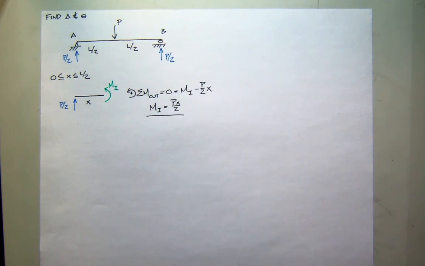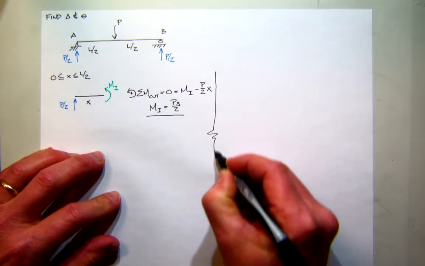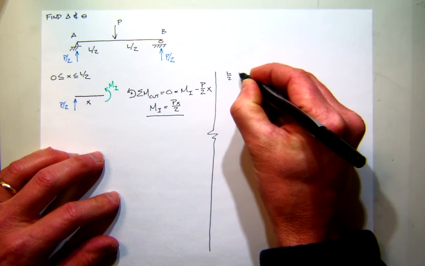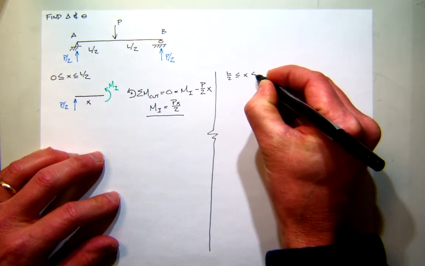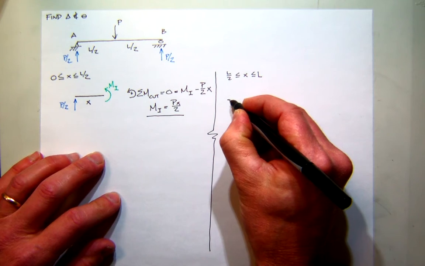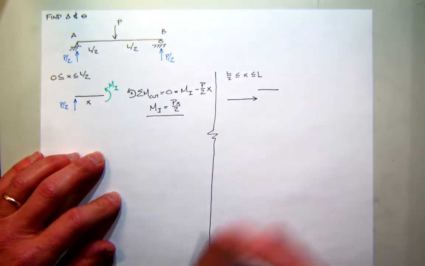So now we do the second interval. Let's try this. I'm going to split the page in half, and I'll come over here and we'll do L over 2 to L. So in this case, I'm going to go over a certain distance x, and then I'll have my cut.